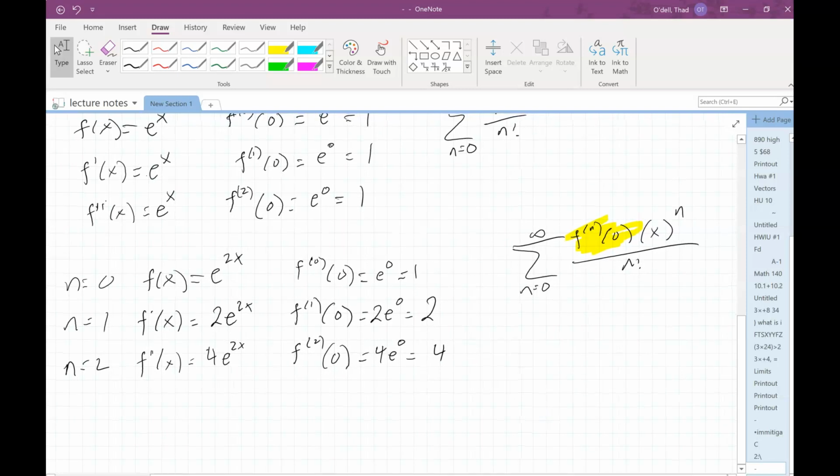So that means that this seems to be 2 to the 0, 2 to the first, 2 to the second. We see the pattern that the power of 2 is the same as the n.